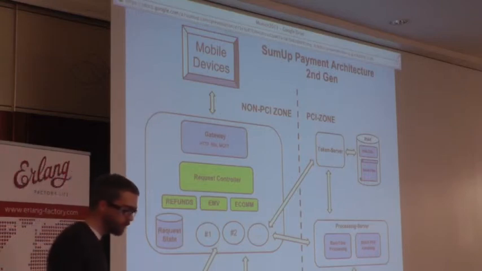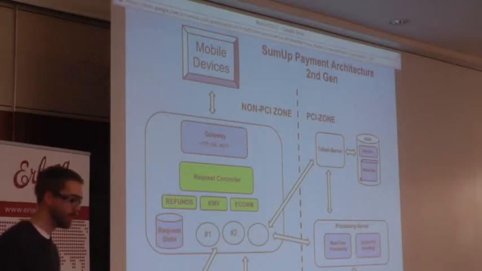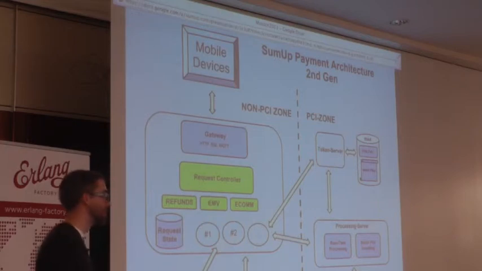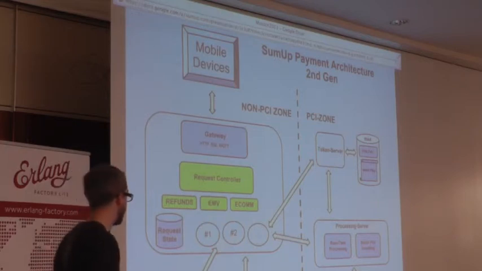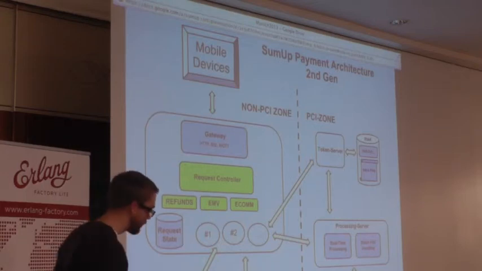We want to switch some of our more complex gen_servers to finite state machine behaviors, maybe using gen_fsm, but probably using a custom behavior which is based on gen_fsm, where we might have added things like persistent states.